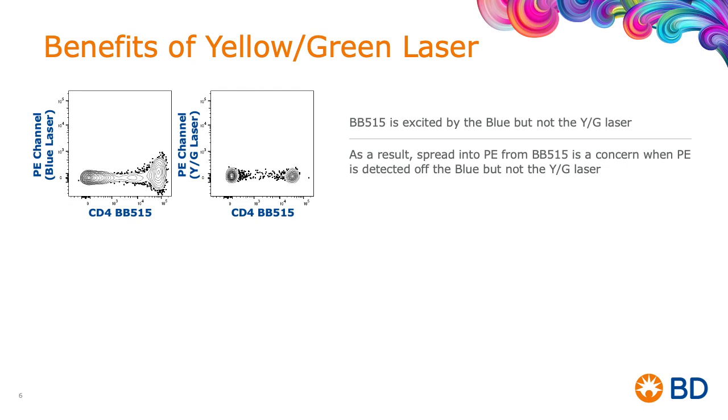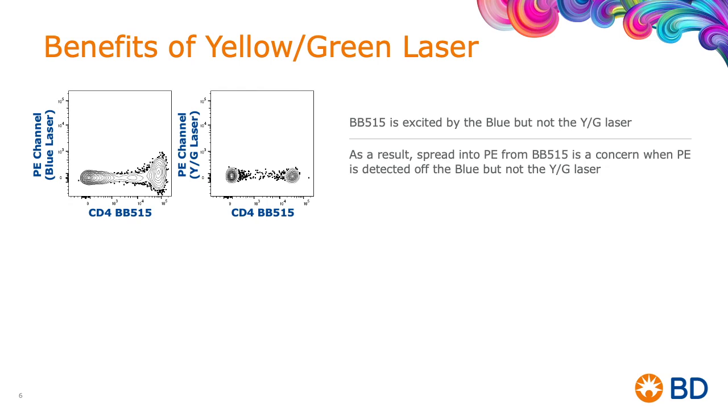Let me show you just a couple of examples. For example, we're looking here at CD4 stained with BB515, detected in the FITC channel, but much brighter than FITC. As you can see on the left plot, if we were detecting PE, which is an adjacent detector of the blue laser, we might introduce some spread, as you can see from the width of the positive population into the PE channel as compared to the negative.